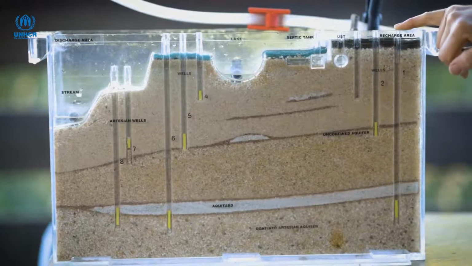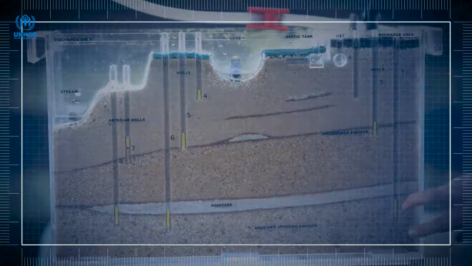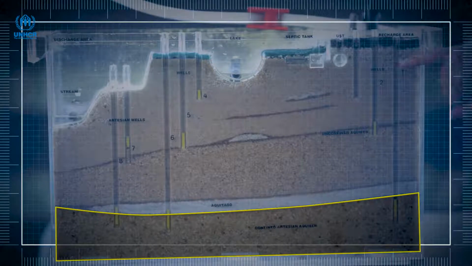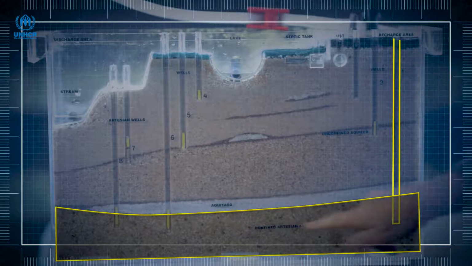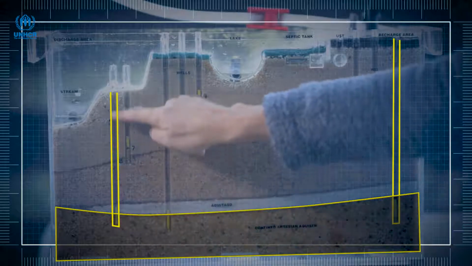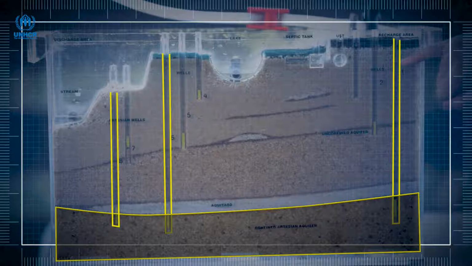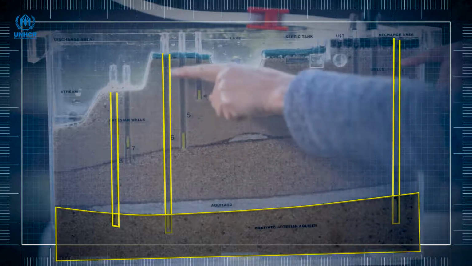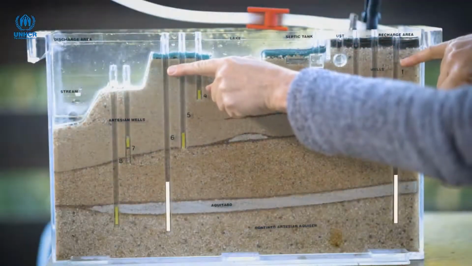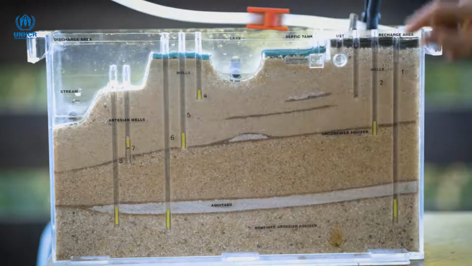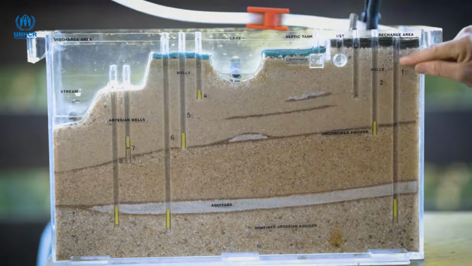So if we want to know how the water flows in this aquifer layer, we have to compare the water level in this well with the water level in this well or in this well. So here, if we compare number 1 with number 6, we will see again a very small difference in height.